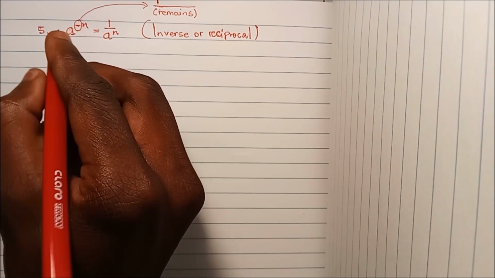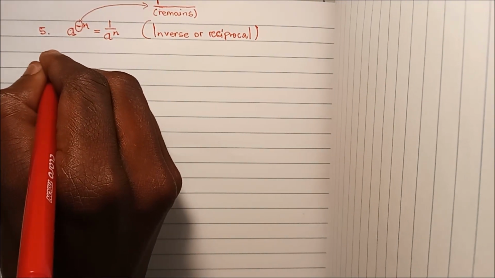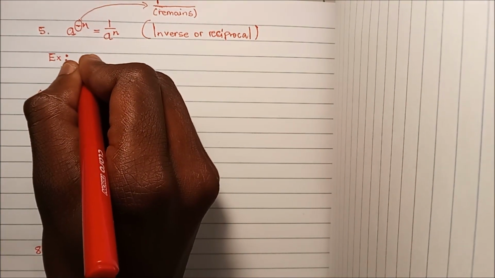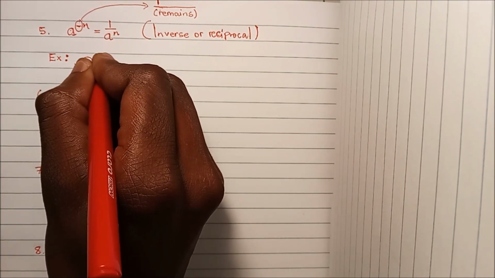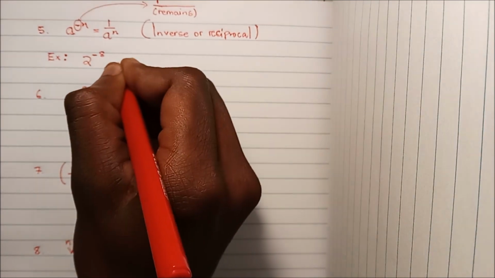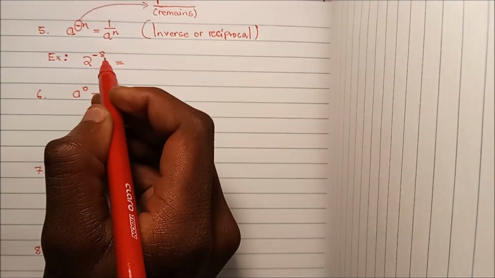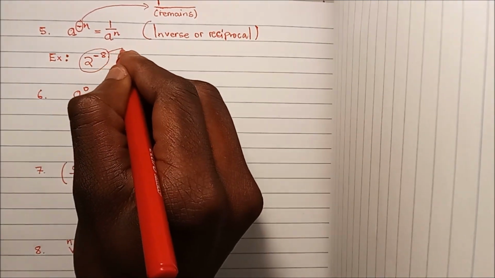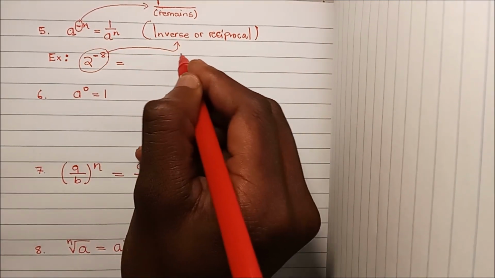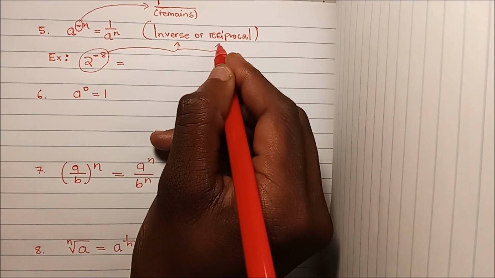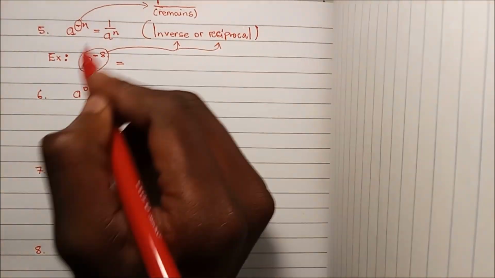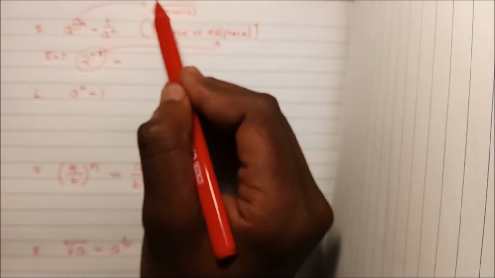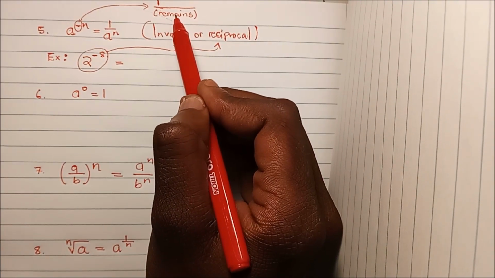So now let's take an example to get an idea. Suppose we have 2 to the power of negative 8. We will know that with this problem, we have a case of inverse or reciprocal. And how do we deal with this? We just take 1 over the remainder.